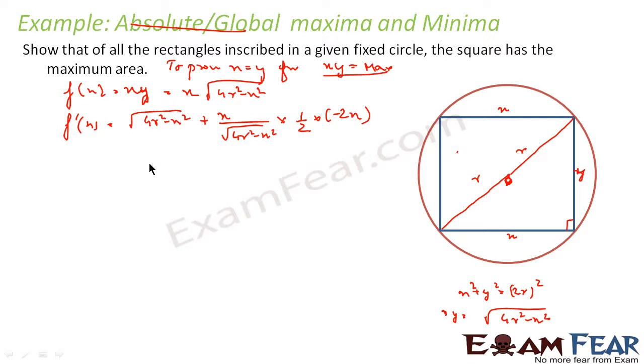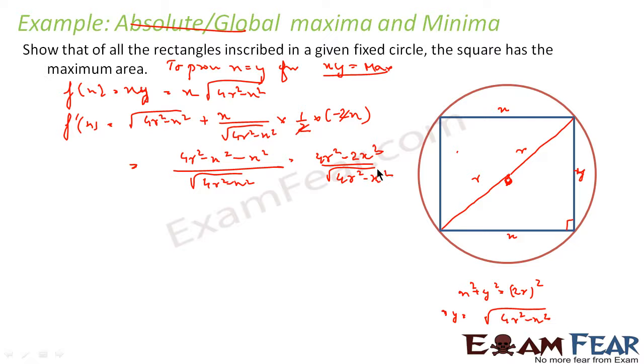You solve this further. This is nothing but root of 4r square minus x square, and this gets multiplied. So this becomes 4r square minus x square, and this becomes minus x square. So this is nothing but 4r square minus 2x square by root of 4r square minus x square.